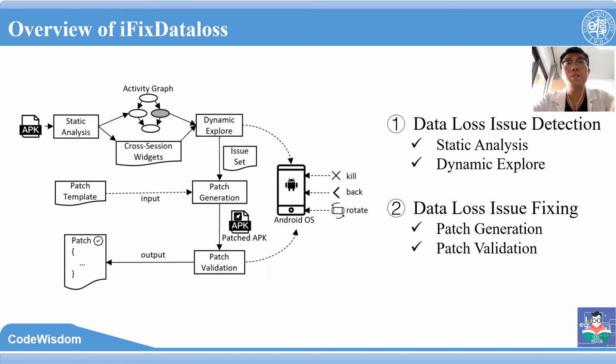For each activity that has a data loss issue, iFixDataLoss uses a template-based approach to generate a patch to fix the data loss issue. Lastly, iFixDataLoss runs the app and explores the patched activity to check if the data loss issue is correctly fixed.